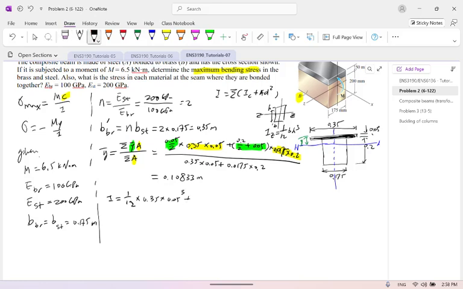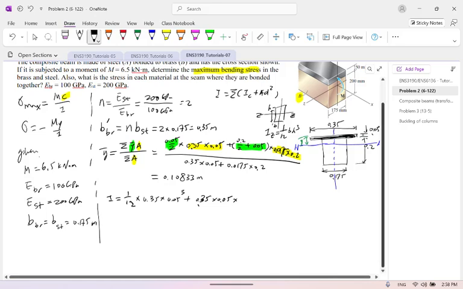But because this one is not on the neutral axis, we should put here the area times d squared. d, we can see, is y bar minus half of these things. So that means 0.10833 minus half of this value, squared. Plus the bottom one.